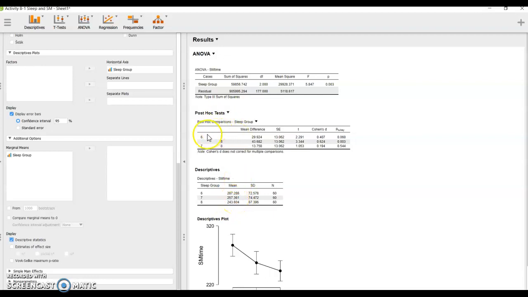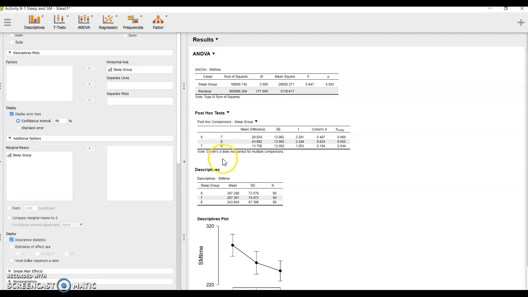Okay? So it's computing the mean differences for all pairwise comparisons. It's comparing group 6 to group 7, then group 6 to group 8, and then group 7 to group 8. Okay? So note there's no 6 here on that second line, the gray one. You're just supposed to know that the 6 above it applies to the one below it as well.